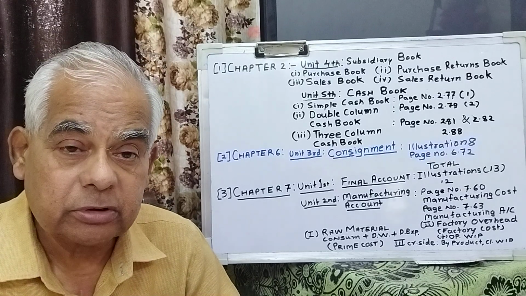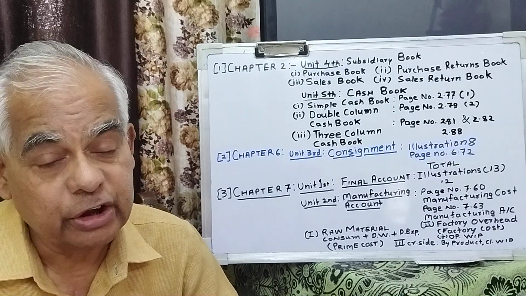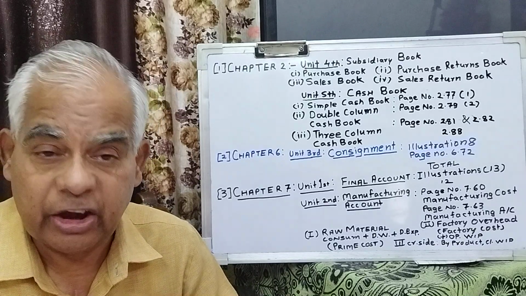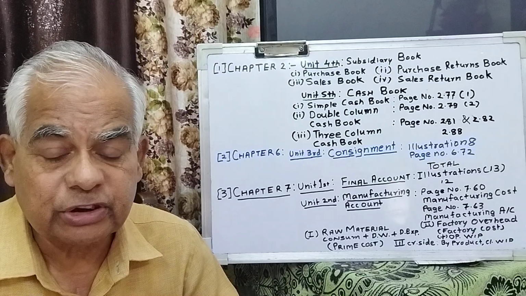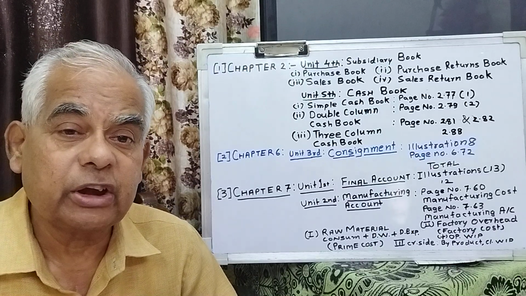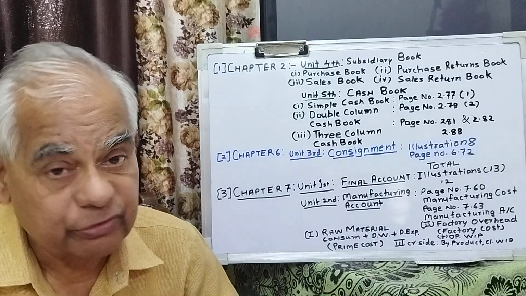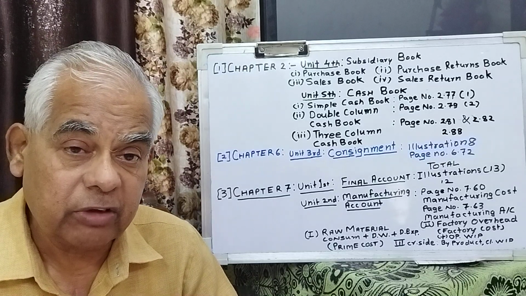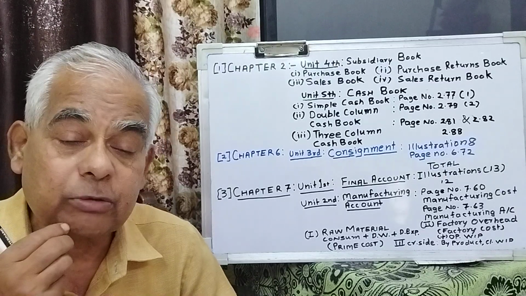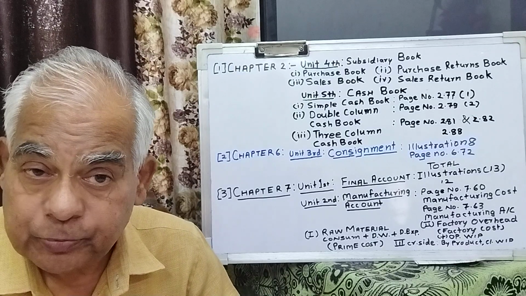A bearer cheque received and not deposited into the bank, we are going to treat as if we have received cash. Say on 5th January a bearer cheque is received, and that cheque we deposited on 8th January, not on 5th January. So on 5th January we assume that we received cash: cash account debit to X, say from X cheque is received.